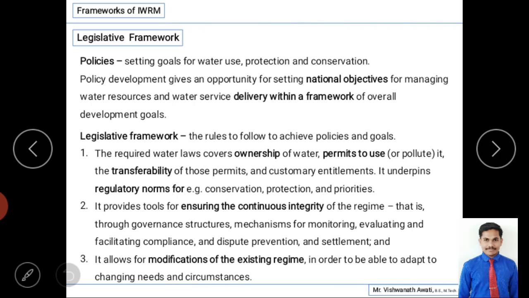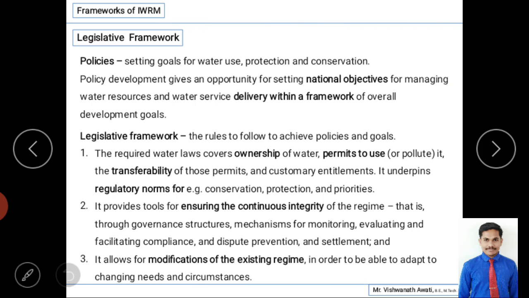We have many policies, right? Policy related to water means setting goals for water use, protection and conservation. We are making aims, or we have targets, to protect water as well as to conserve water, right?